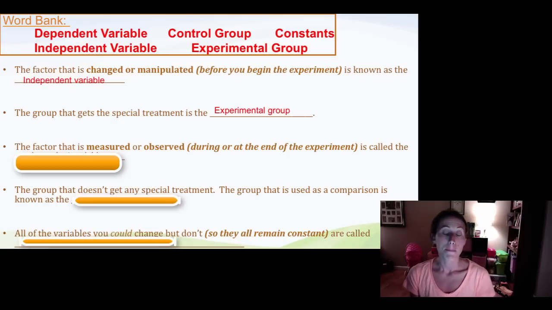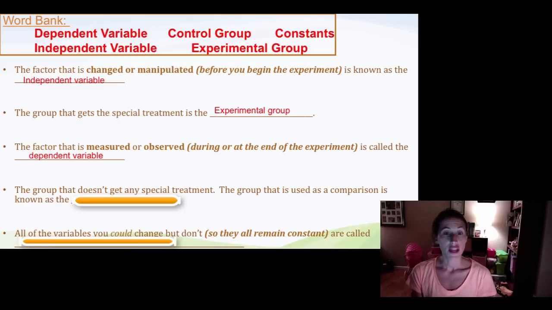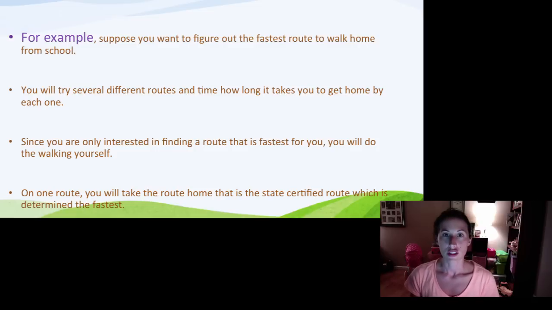The factor that is measured or observed, so this occurs during or at the end of the experiment, is called the blank. The group that doesn't get special treatment or is used as a comparison is known as the blank, and all of the variables that you could change but don't, so that all remain constant, are called blank.